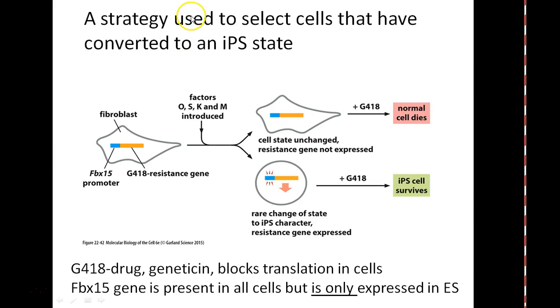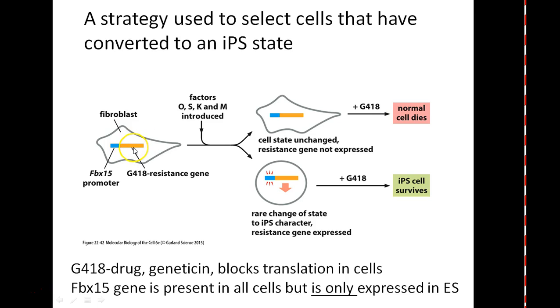And this is the outline of the experiment they did. So here we have a mouse fibroblast. This mouse fibroblast was first transfected with a reporter gene, and this reporter gene is G418. It carries the resistance for geneticin.